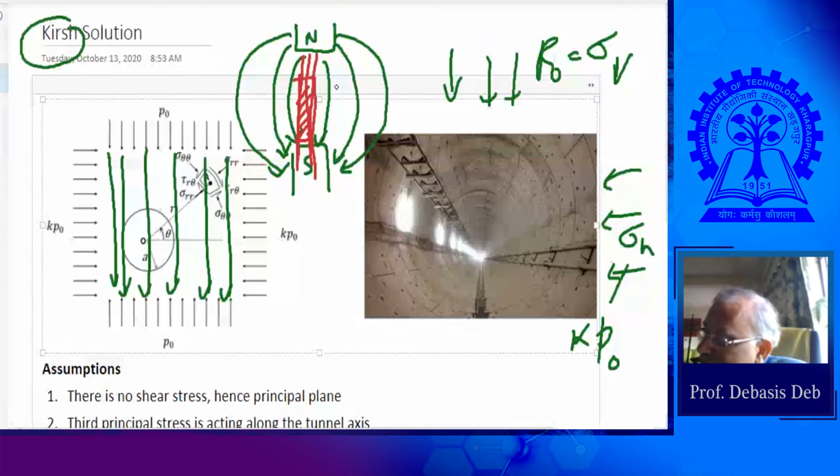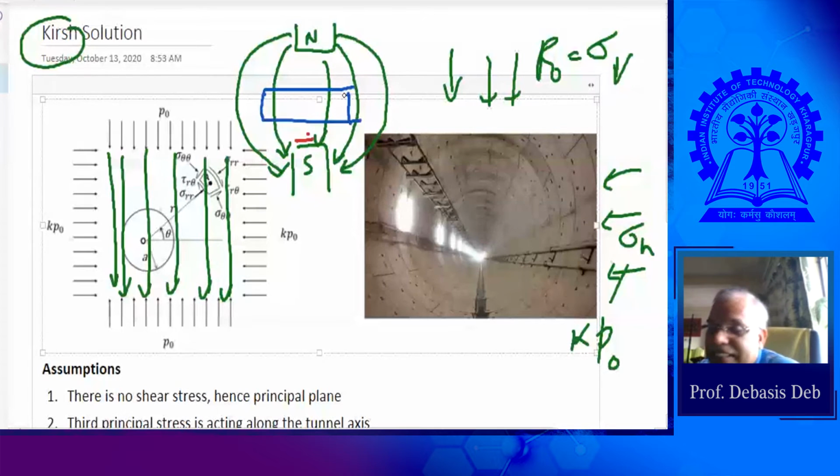And if I erase this, and now I put a non-magnetic material here like this, then how will it pass? It will go all the way around.